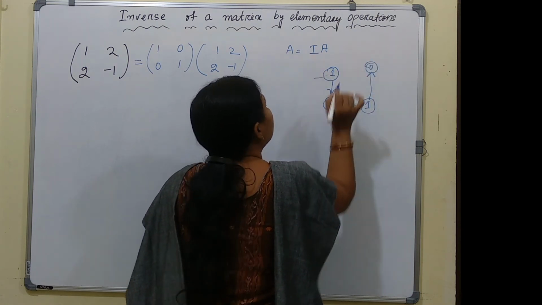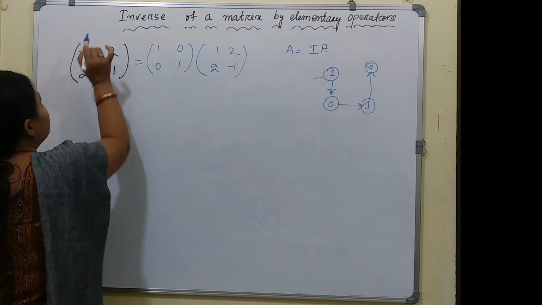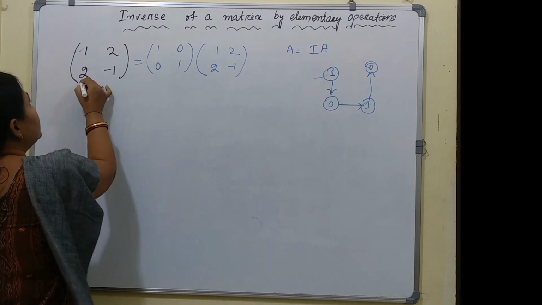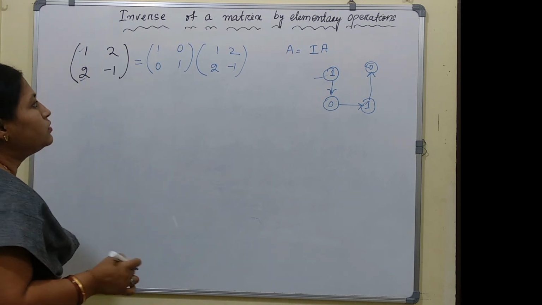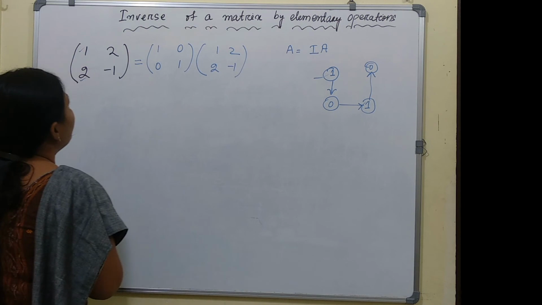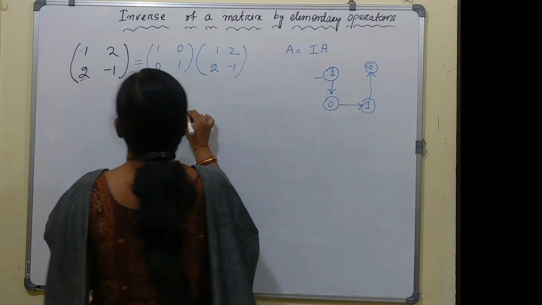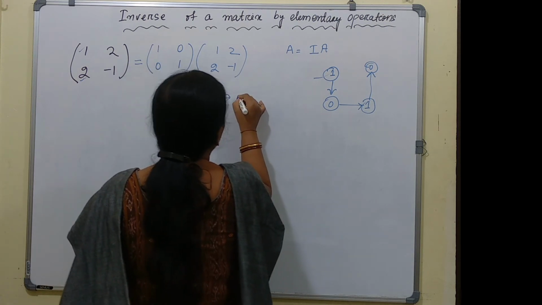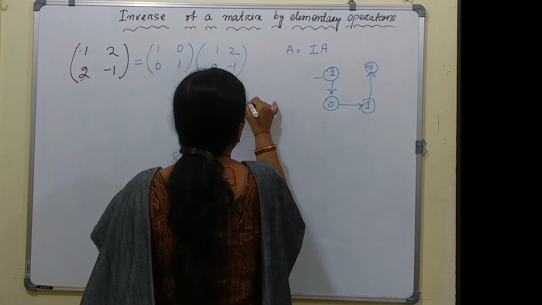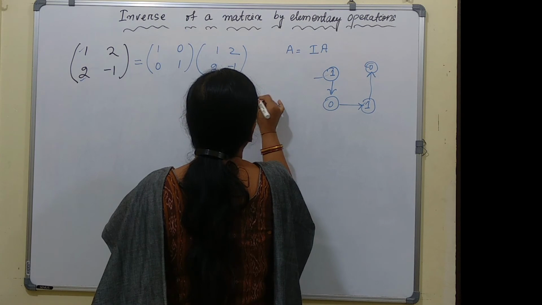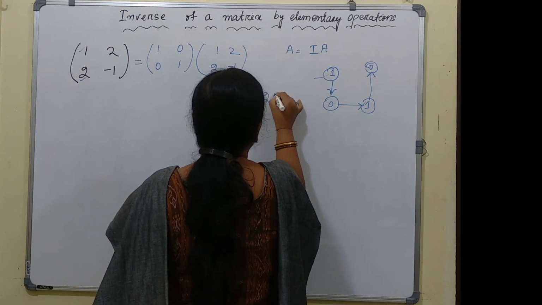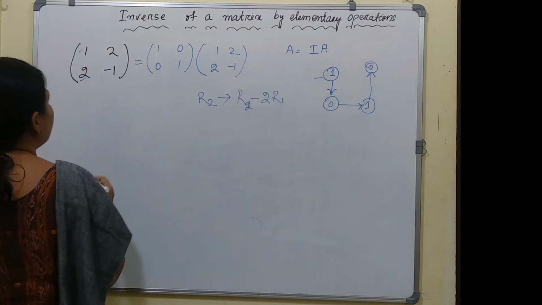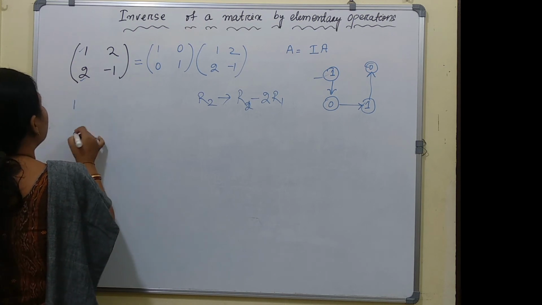Here the first element is 1. Next, convert this element to 0. Here we apply R2 changing to R2 minus 2R1. So we get 1, 0.